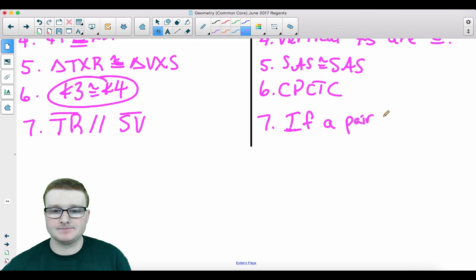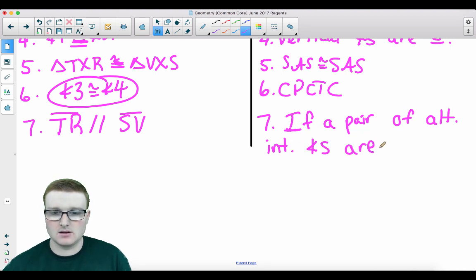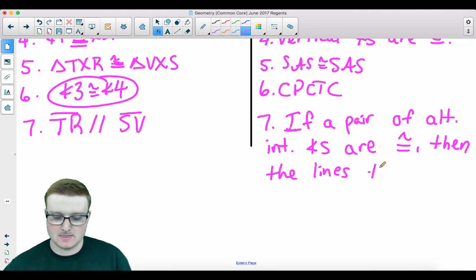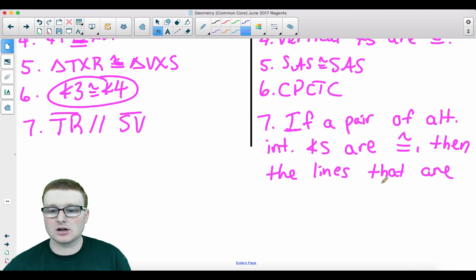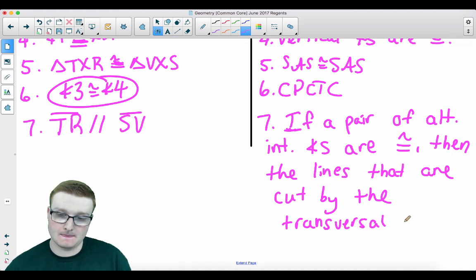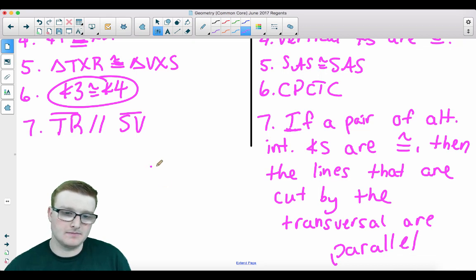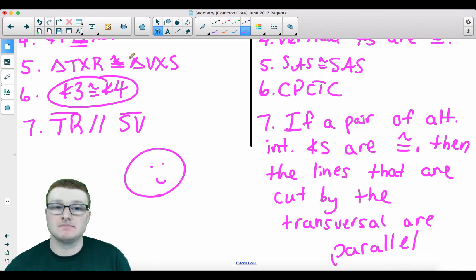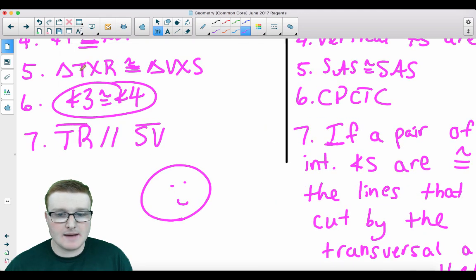If a pair of alternate interior angles are congruent, then the lines that are cut by the transversal, which is just a line, are parallel. Done. And that, ladies and gentlemen, is how you do that proof.